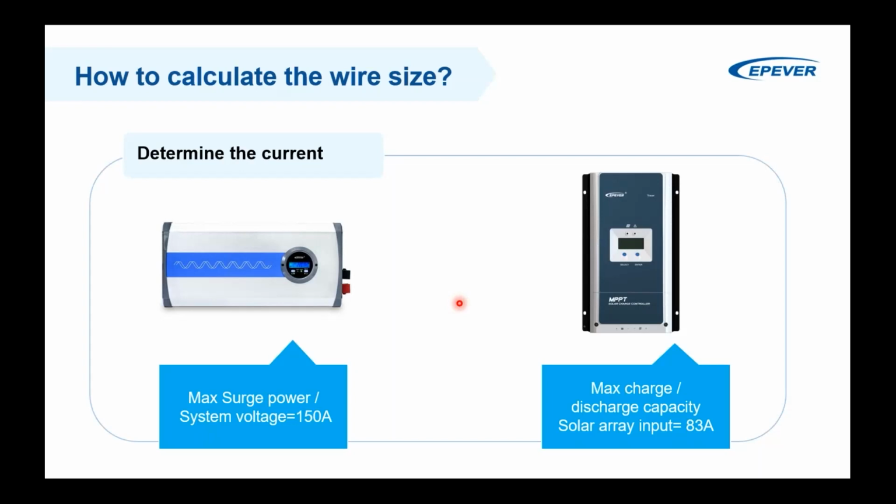We did this for the charge controller part, if you remember. We had a current of 83 amps going into the charge controller in and out. It's calculated by dividing the solar panels' watts by the system voltage. So every cable going from PV to charger and charger to the battery must have at least, in this example, 83 amps.